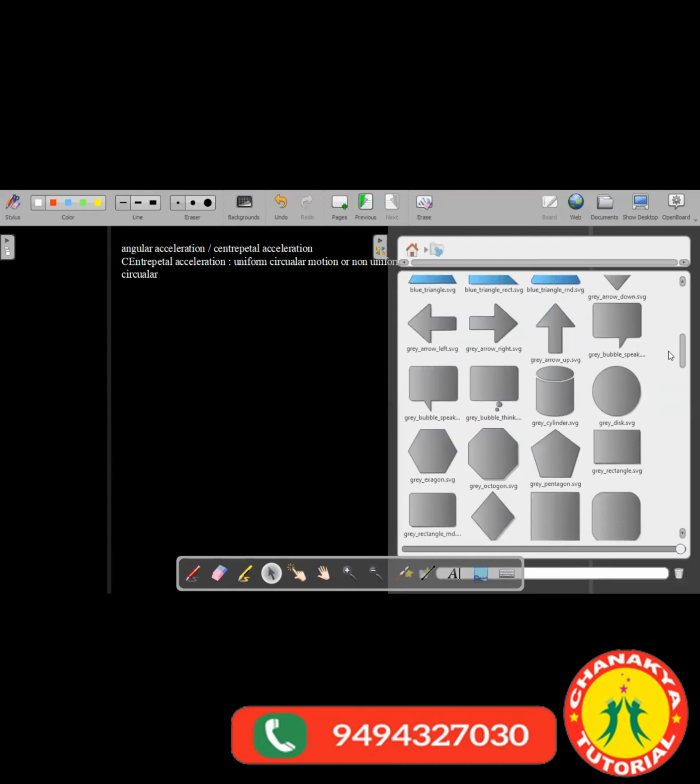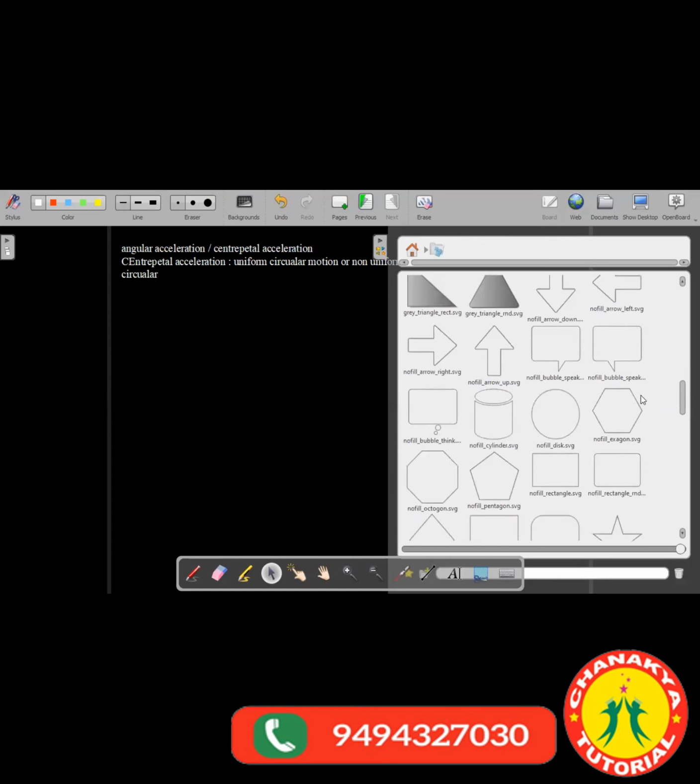We had discussed this in the last class: if an object is moving in a circle, even with a constant speed, it cannot have a constant velocity because the direction of velocity always changes.